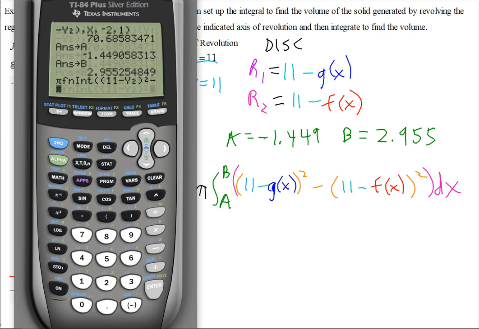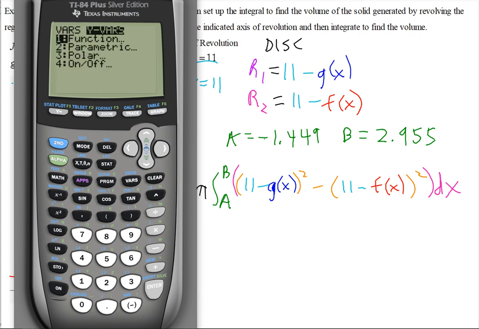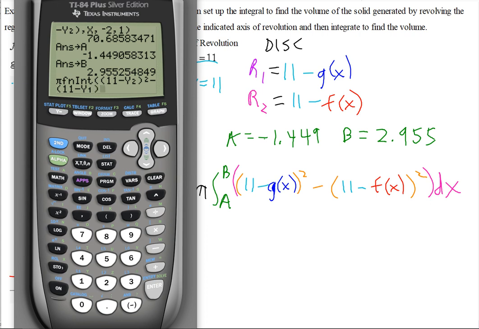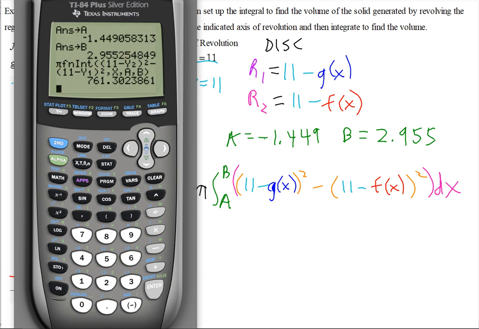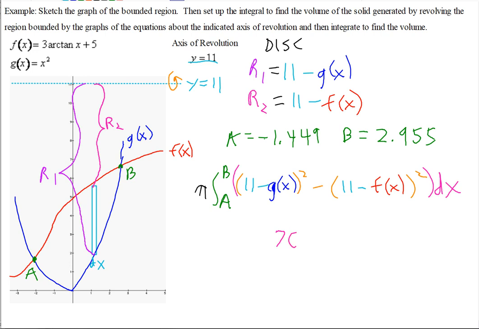Minus, open parentheses here, 11 minus f of x, that was our y1, so vars, y variables, y1, close parentheses and square that one. And then on the older ones you have to put comma x, comma lower limit alpha A, comma upper limit alpha B. So we get 761.302, and it's volume, so it's units cubed.